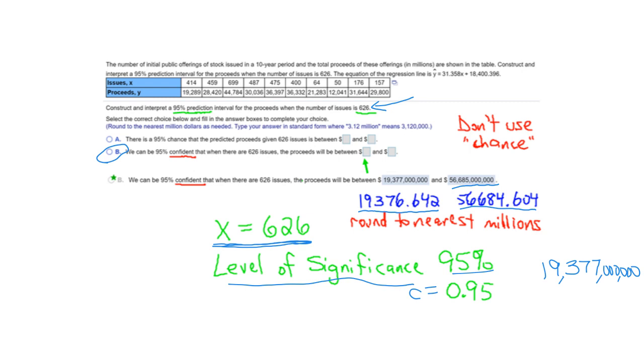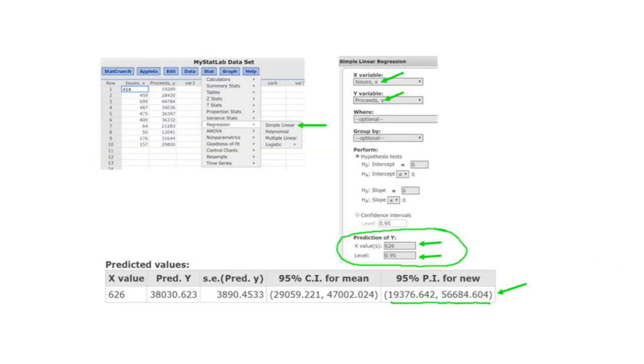Okay, so when we want to find that prediction interval, we are going to, again, hit this box so that all of our data comes over, and then let's look on the next page. So remember the 626 and the 95% level of significance. Okay, so I hit my box. I'm going to go to regression, simple linear, put the X in the first spot, the Y in the second.